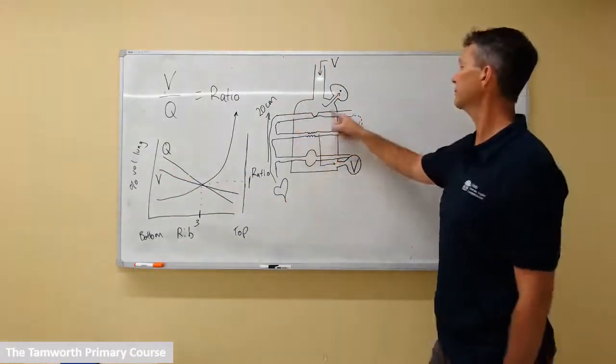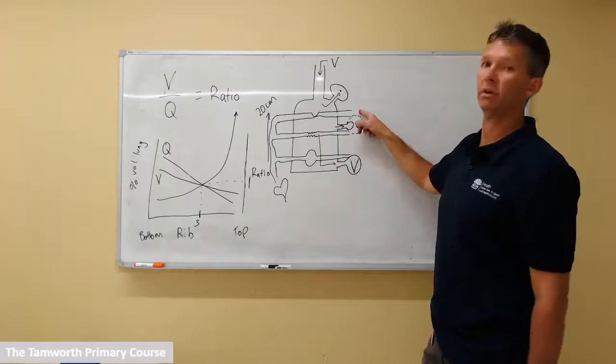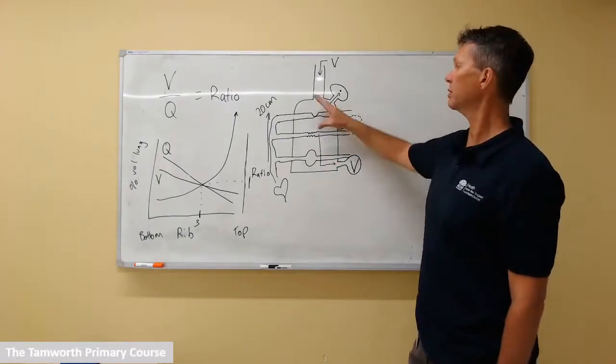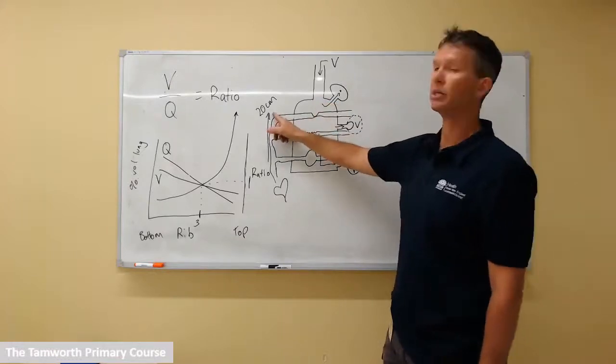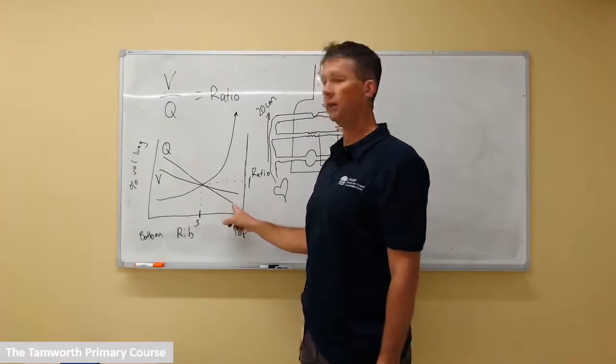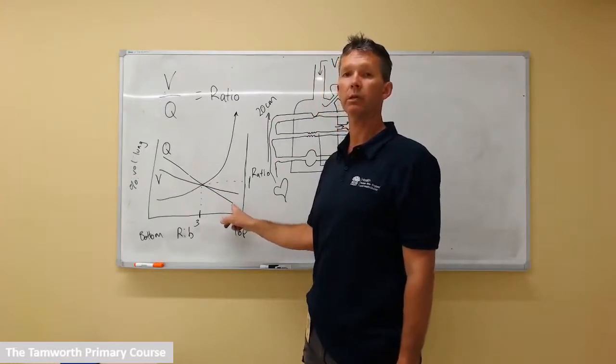The top part of the lung may receive zero or not much blood flow at all because the blood vessels are collapsed and there is a lesser pressure at the top here. The top part of the lung receives lesser blood flow than everywhere else.